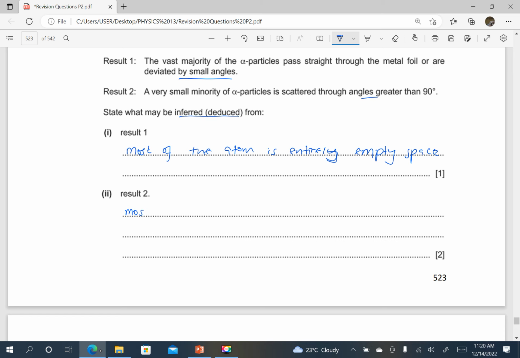Most of the mass of an atom is concentrated in a very small, positively charged nucleus.